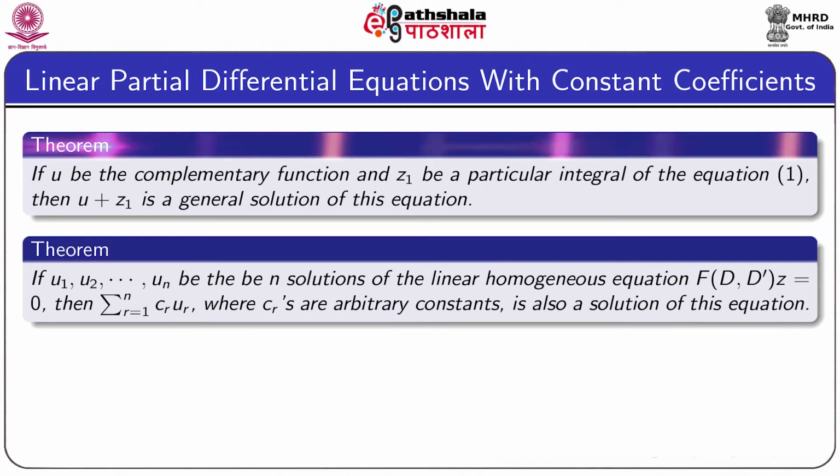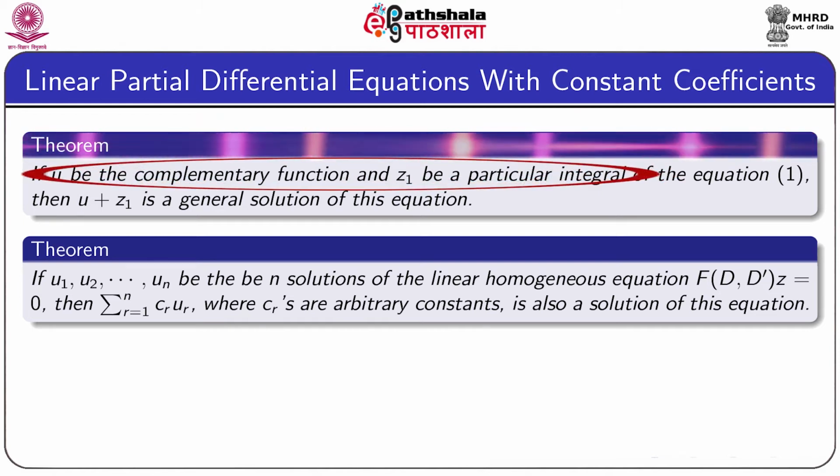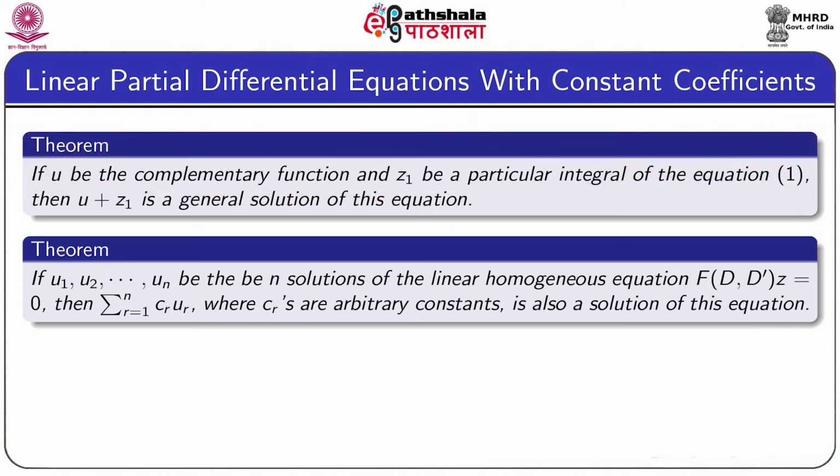There is a well known theorem which states that if u is the complementary function and z1 is a particular integral of equation 1, then u plus z1 is a general solution of the given equation, that is, equation number 1.